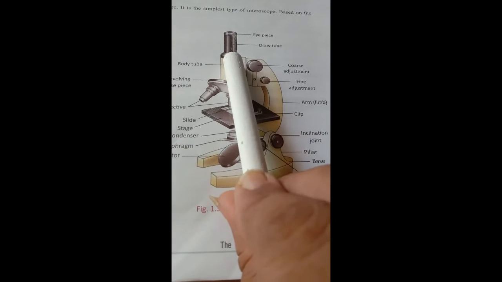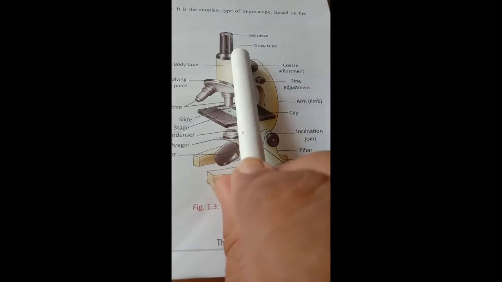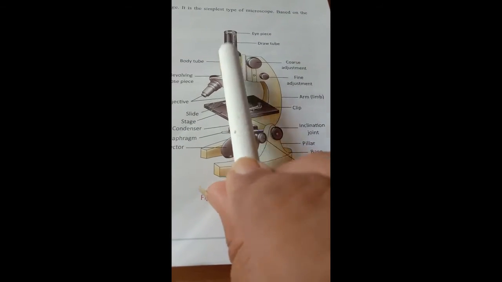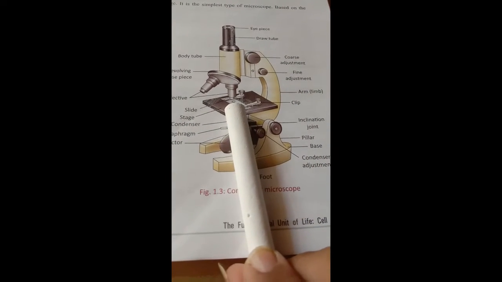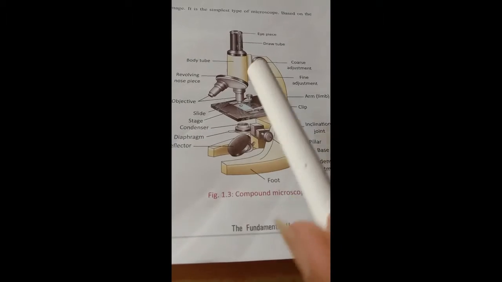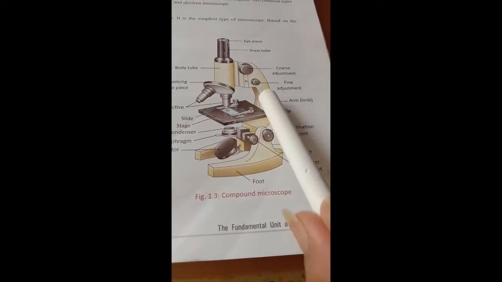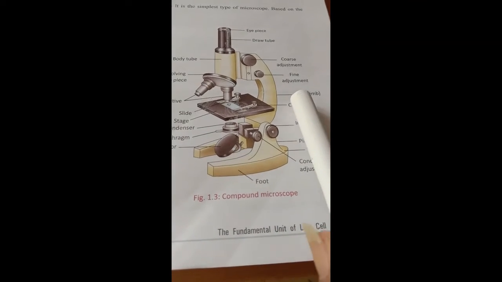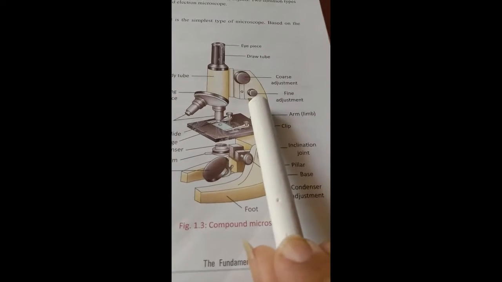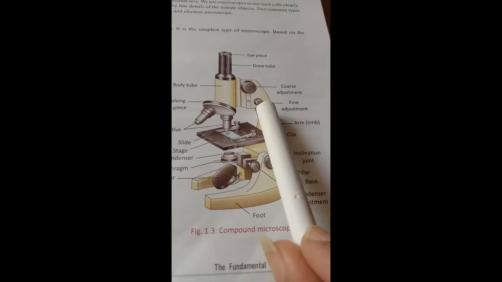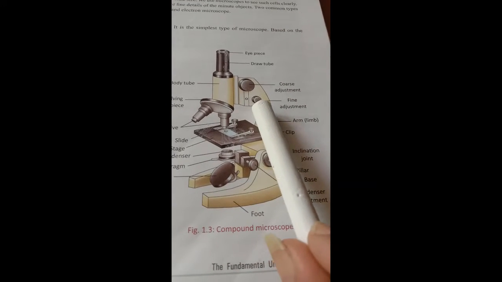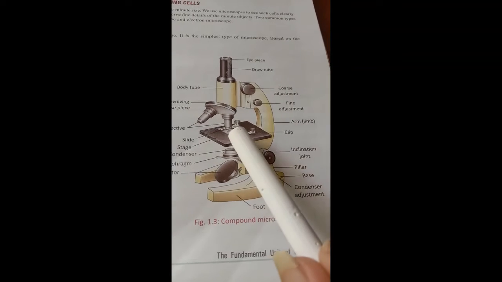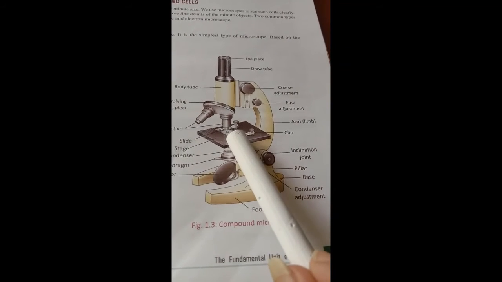This is a draw tube, which adjusts the eye focus to observe the object kept over here. This is the stand arm, that means the handle from where we adjust. See, this is the arm, and this is the fine adjustment. Fine means we just rotate this slightly on that side, slightly on this side, so that we can get the clear image of what we are observing.